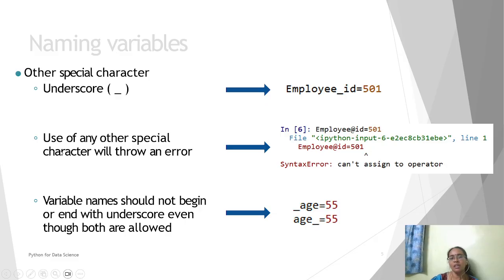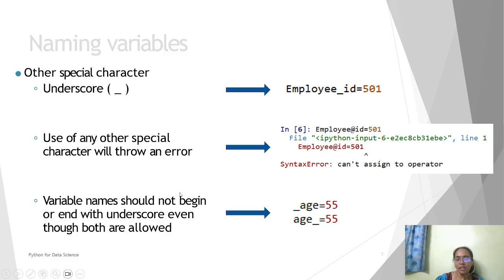In the first example we used the underscore symbol, right? That underscore symbol is valid, it won't give any error. In the next example, I have mentioned the employee at symbol, which is not a valid one. In the assignment we cannot use any symbols except the underscore.